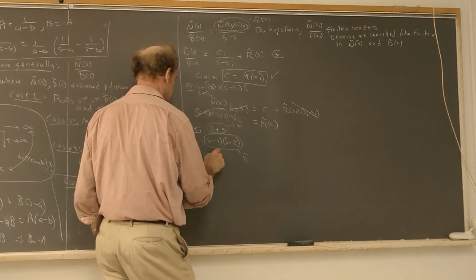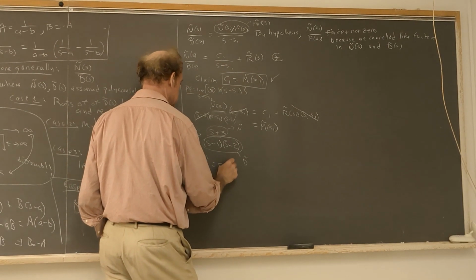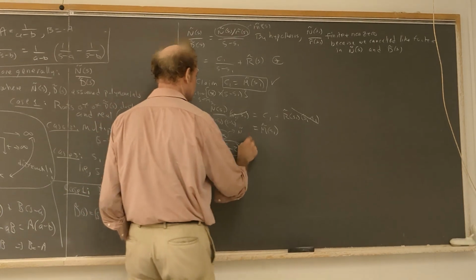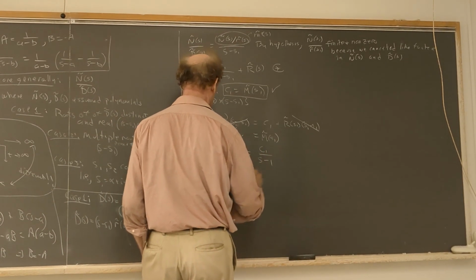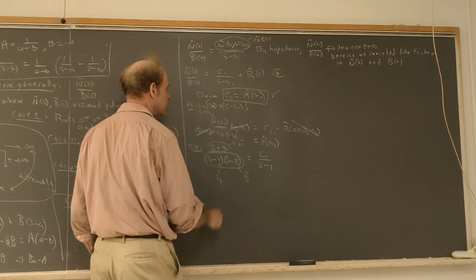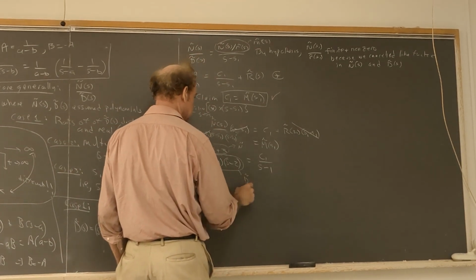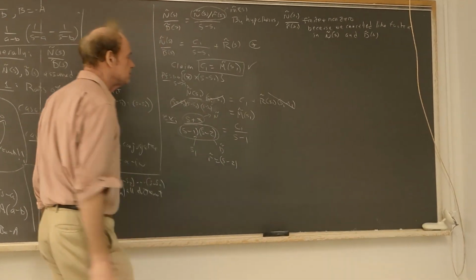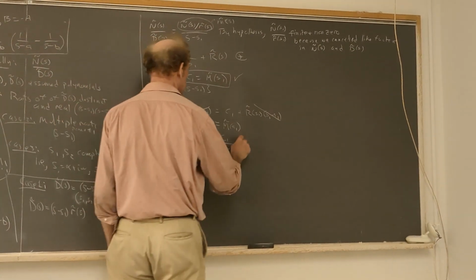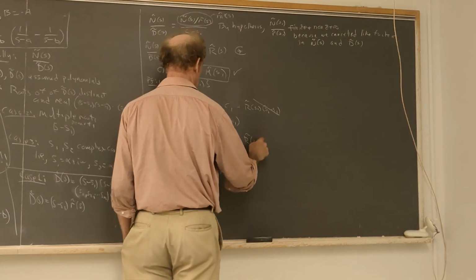Let's write this as c1 over s minus 1, so let's make this s1, in which case r tilde is s minus 2, and I have r tilde of s.